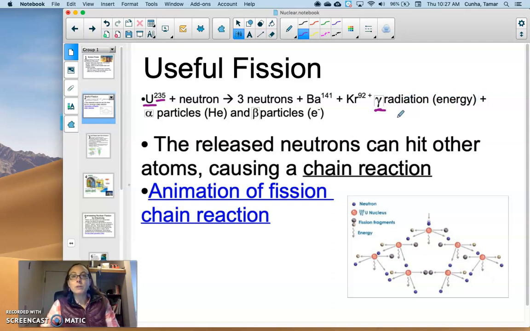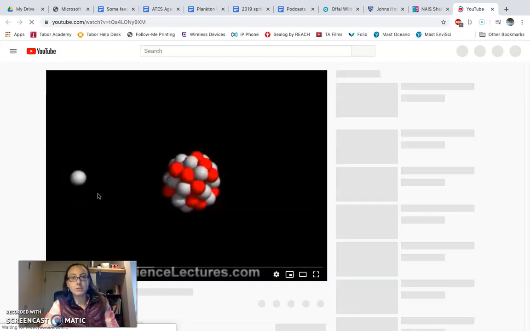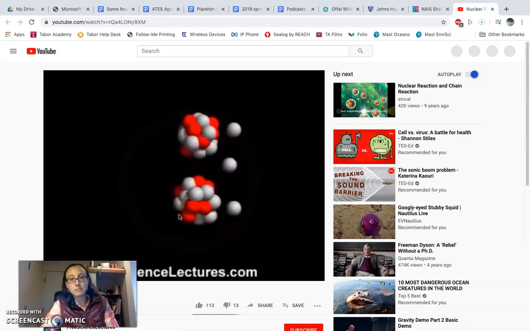So when we do that, what's important is that because there are neutrons coming out of it, these neutrons can then go bump into another atom of 235 and we get a chain reaction. If you want a visualization of what that looks like, here we have our neutron that comes and bumps into an atom, releasing energy.